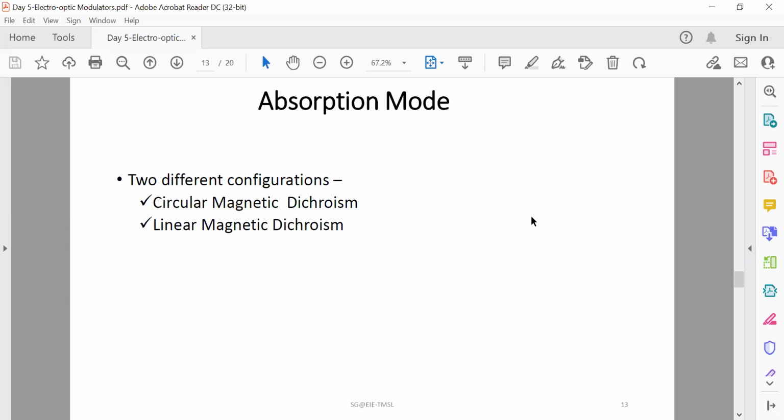This is basically the difference in the absorption coefficient for right and left circularly polarized light, and this difference slightly changes the absorption spectrum of a sample which is magnetized in the direction of light propagation. But in the case of linear magnetic dichroism, the magnetic field is perpendicular to the beam direction.